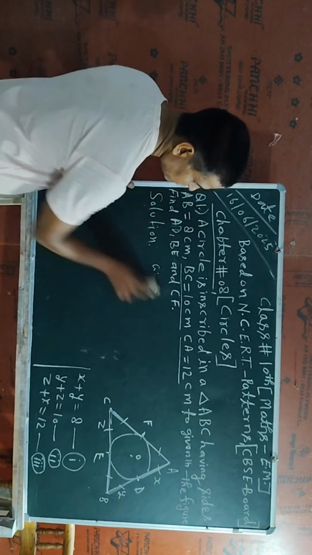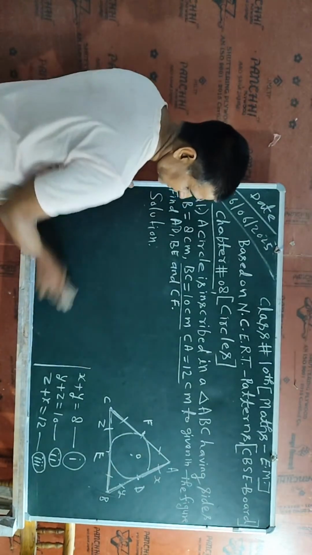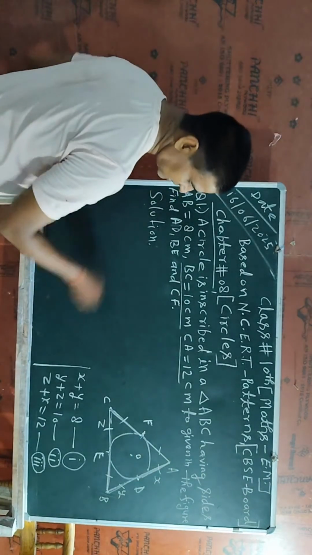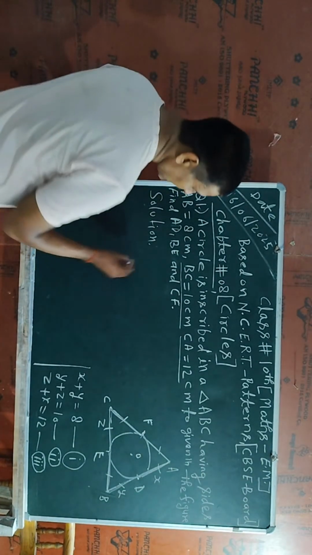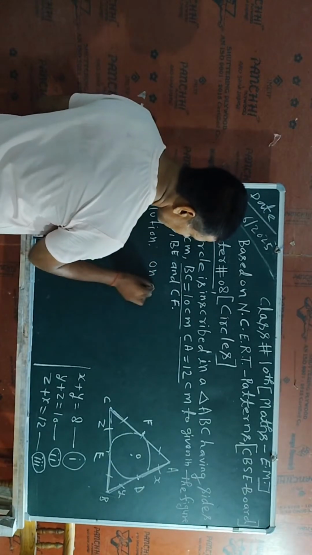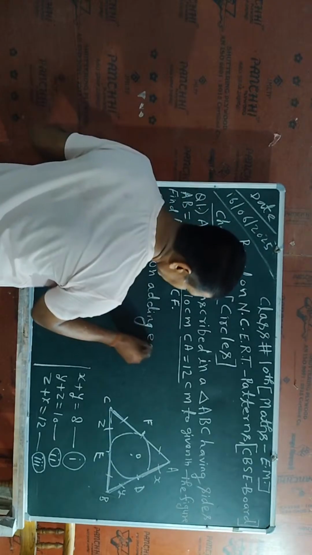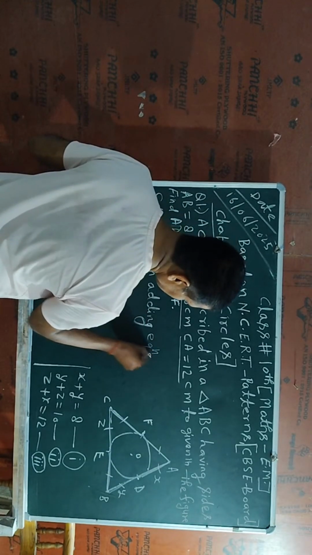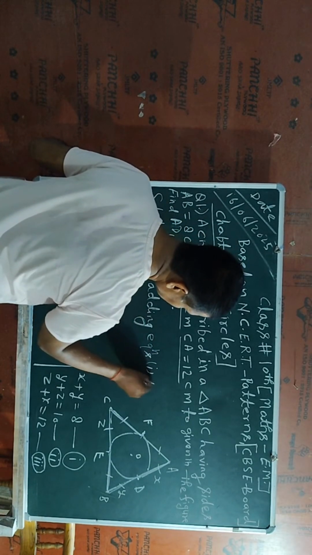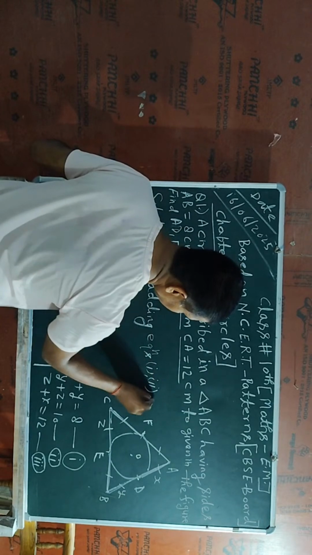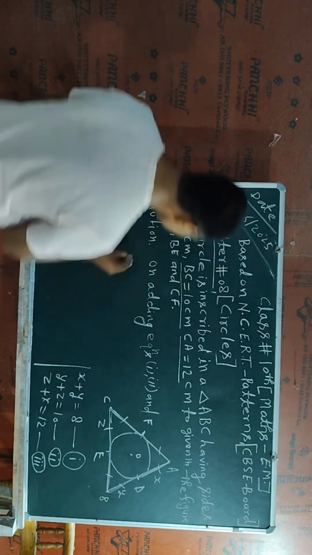Okay. Now here I will write one statement, and that statement I will use in the question for getting its answer. Now here I will write: adding equations number 1, 2, and 3.